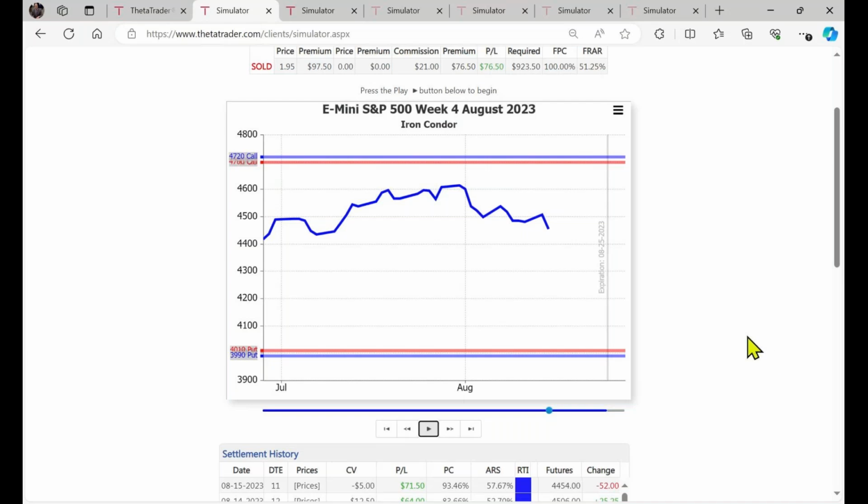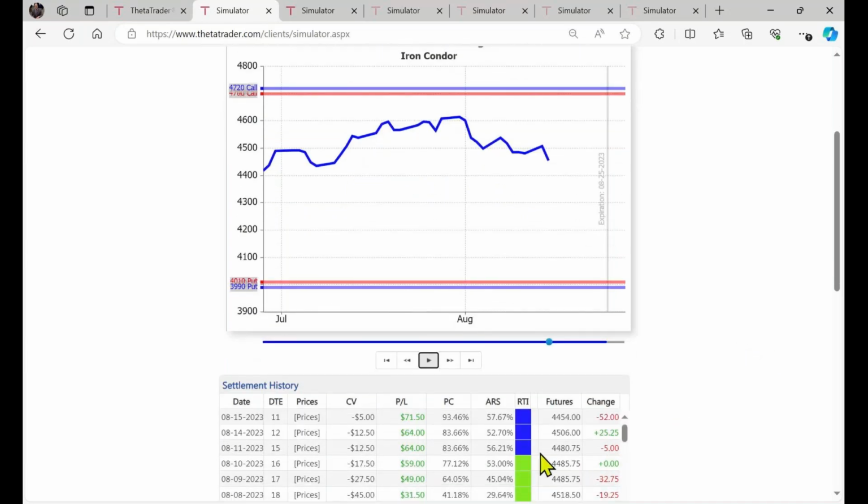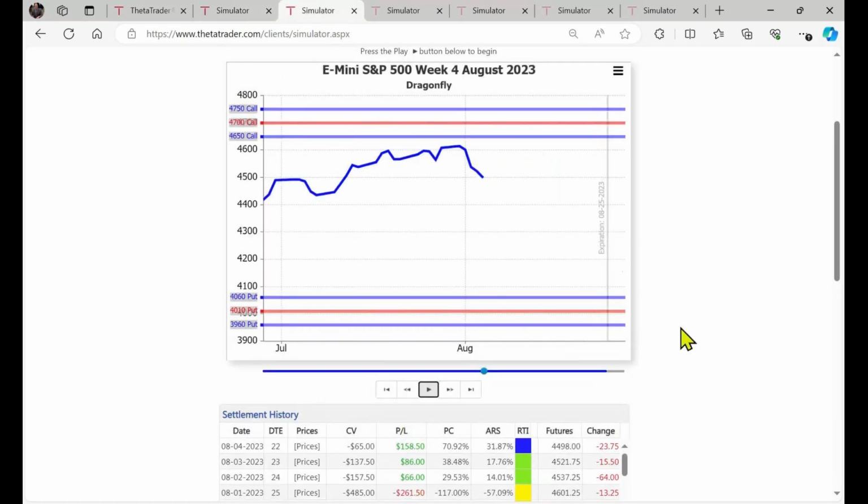And if you compare it to the condor, you had to wait till August 11. So, basically a week. The dragonfly matured a week prior to the condor. So you were able to get an order placed and hopefully close that position out with the dragonfly.